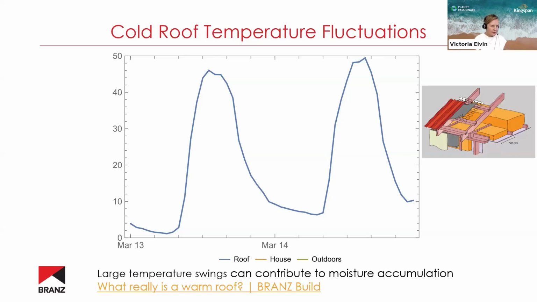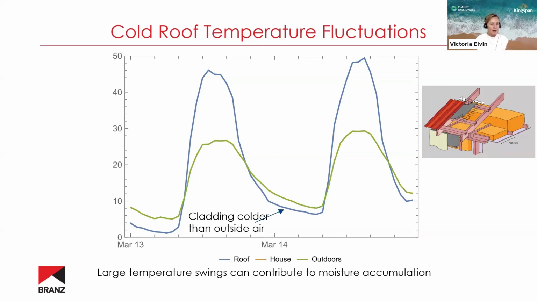What actually is the scientific difference? Well, here in the cold roof design, that blue line represents the metal roof temperature that fluctuates throughout the day and night. When we were talking about this in our roof condensation webinar, we talked about the outdoor temperature and the effect on a metal roof.